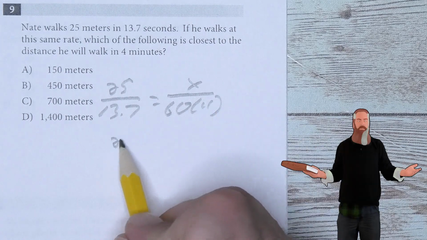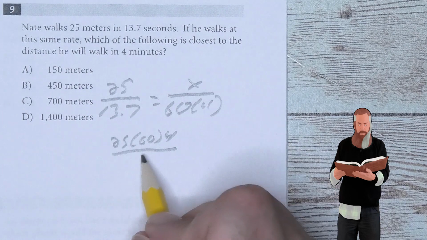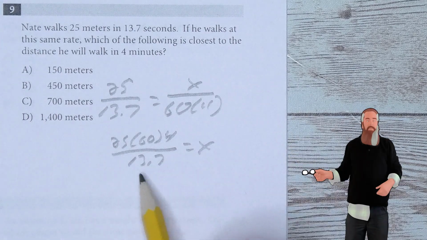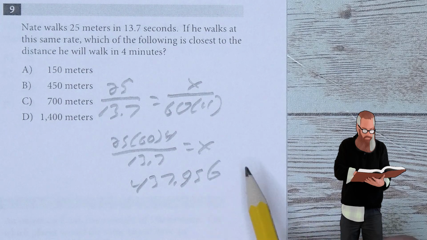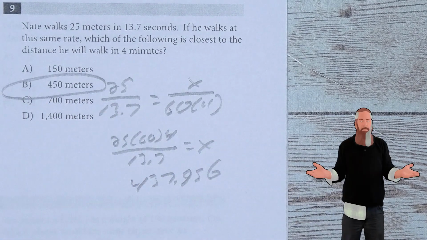So we wind up with 25 times 60 times 4 divided by 13.7 is equal to x, which in this case is 437.956, which isn't really an answer, but 450 is B.